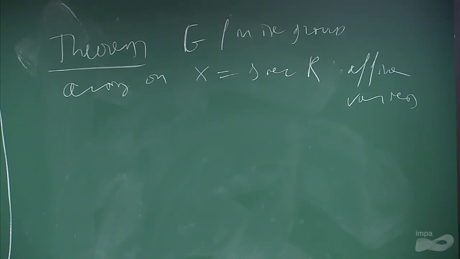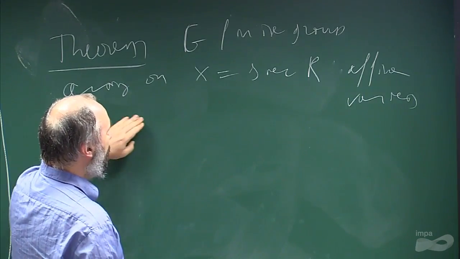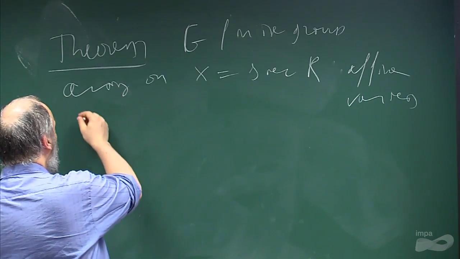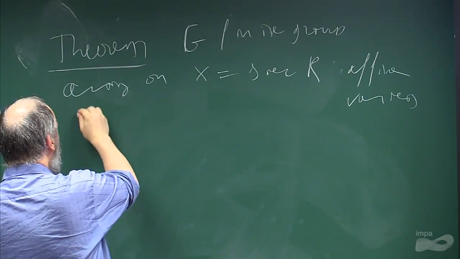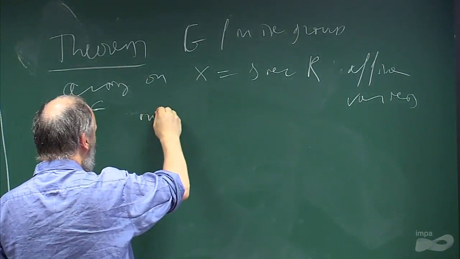When we consider this cover, there will be a branch point. So it's not a cover, it's a branched cover. Okay, G acting on the affine variety X, and then we take R^G, the ring of invariants.